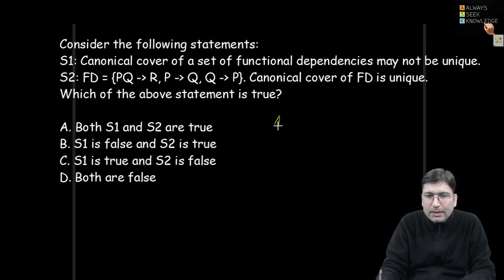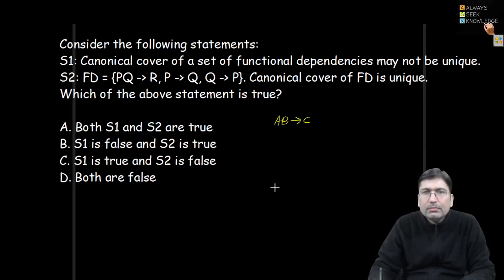Like if I'm saying AB derives C, according to the further given functional dependencies, this rule may be redundant. The meaning is, if we do not consider this rule in the given set, and we can still find out everything which we were earlier able to find out, then this functional dependency will be treated as redundant and we can remove it.